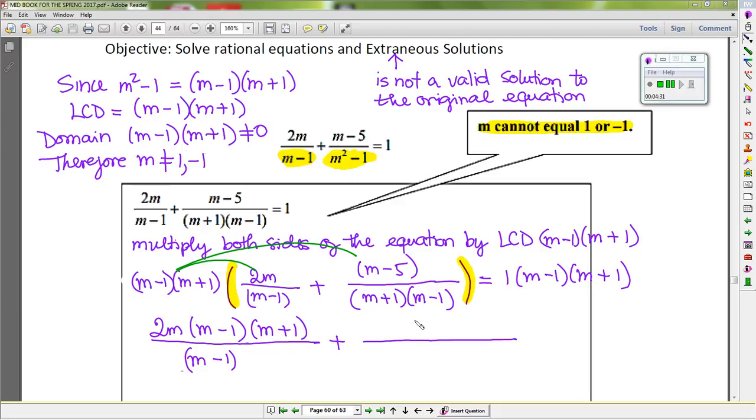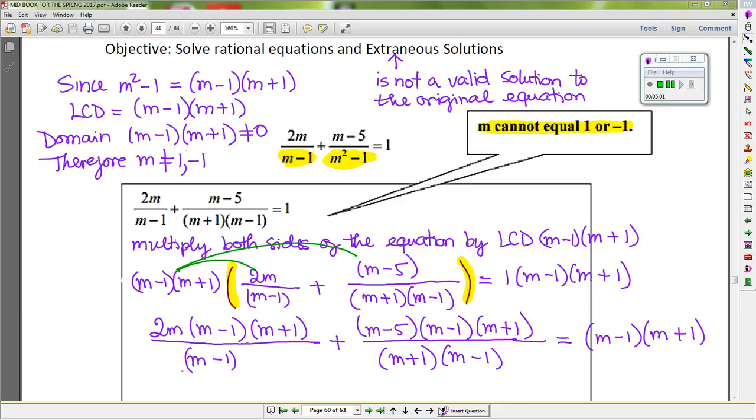The second fraction is m minus 5 times m minus 1 times m plus 1 over m plus 1 times m minus 1. Let's go to the right side of the equal sign. 1 is the identity, so when you multiply by 1, your product stays the same: m minus 1 times m plus 1.